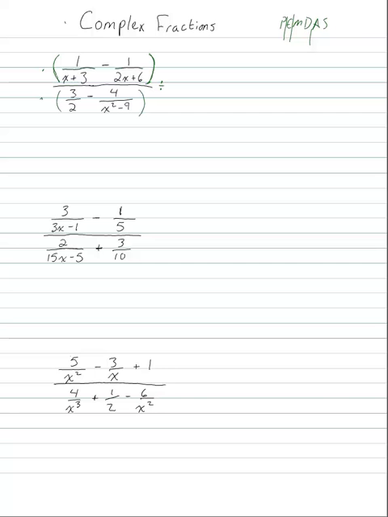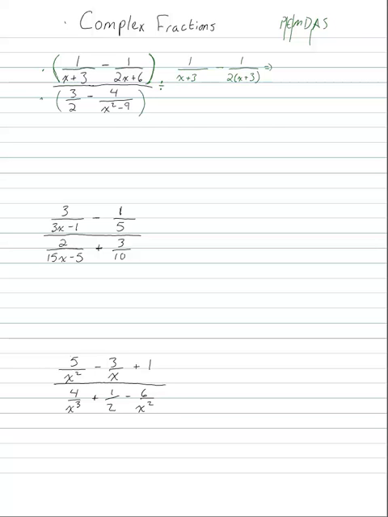So to combine them, I'm going to find a common denominator, and I'm going to factor as much as possible. I have 1 over x plus 3, and 1 over the second one. The second one's not a quadratic, but it can be factored. I can pull out a 2, so 2 times x plus 3. And I can write this as a single fraction.